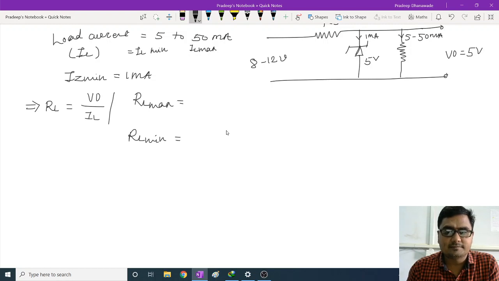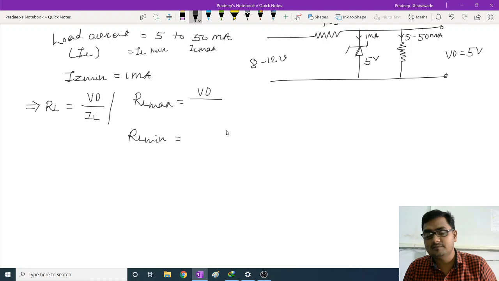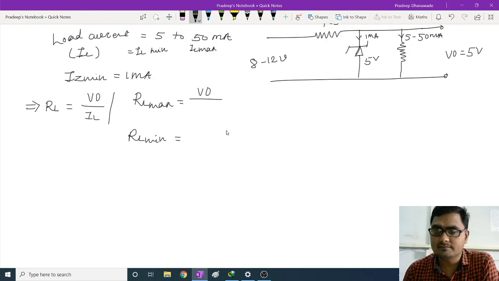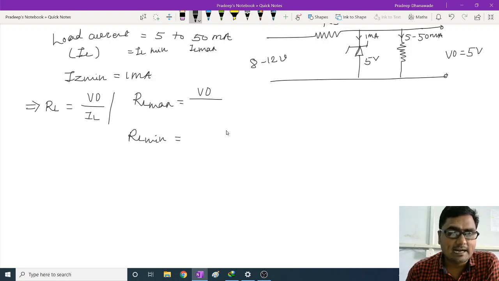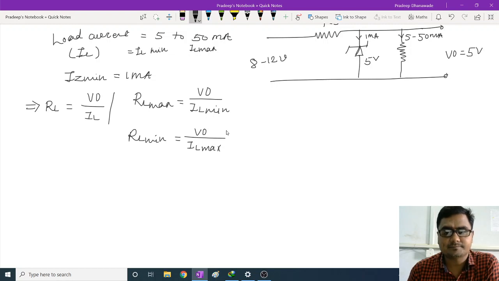What is RL maximum? It is VO, that will never change. Output voltage, which equals Zener voltage, which equals 5 volt. If I want RL maximum, then IL should be minimum, and if I want RL minimum, then I have to use IL maximum.